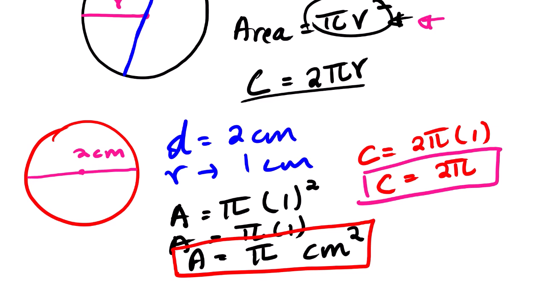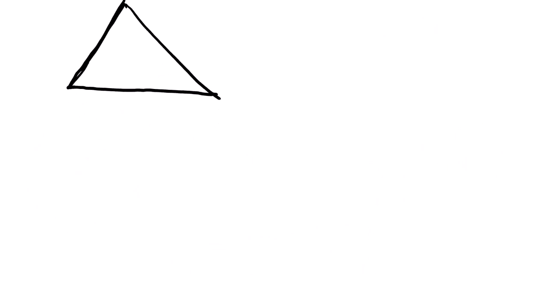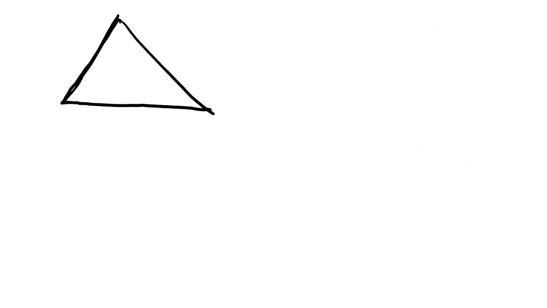Let's quickly look at the next shape. Triangle. Now for this shape we need to construct some additional lines, like we need to find the height. We label this as the height.